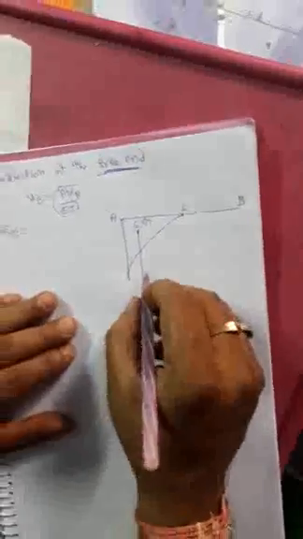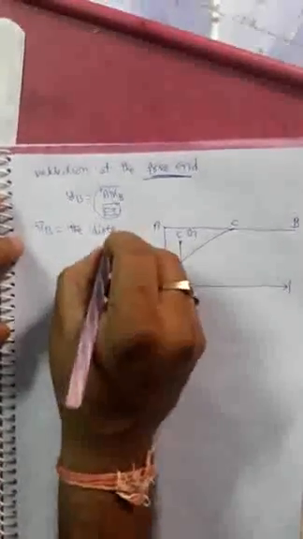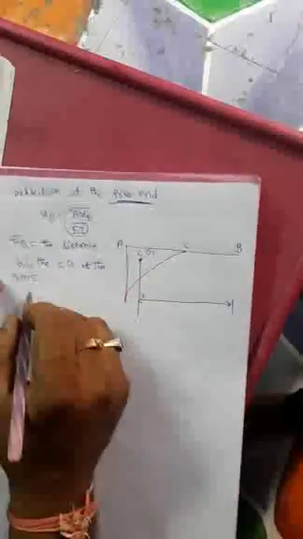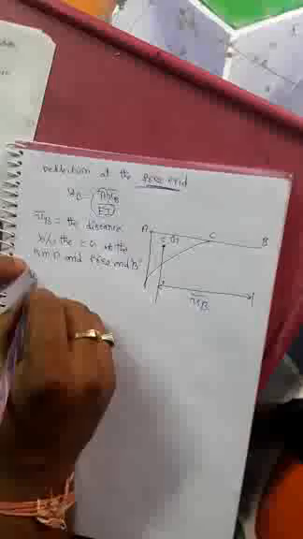So x bar B is the distance between the center of gravity of the bending moment diagram and the free end B. From the free end B to the center of gravity of this bending moment diagram is x bar B. For this, the span length is L1 and this span length is L minus L1.